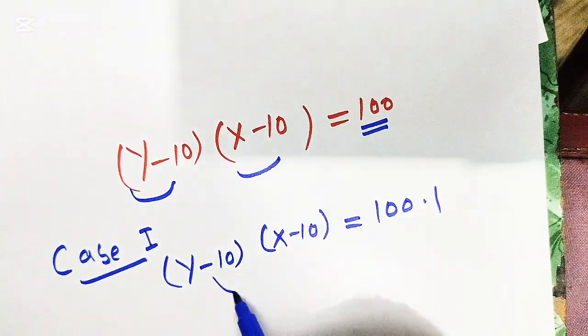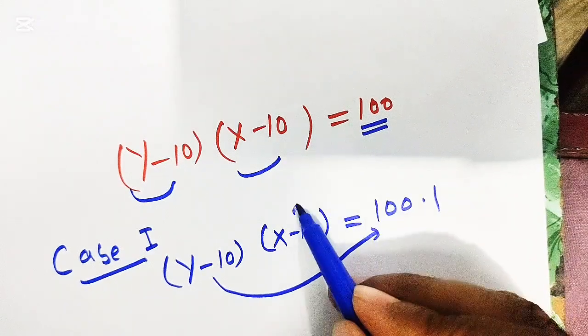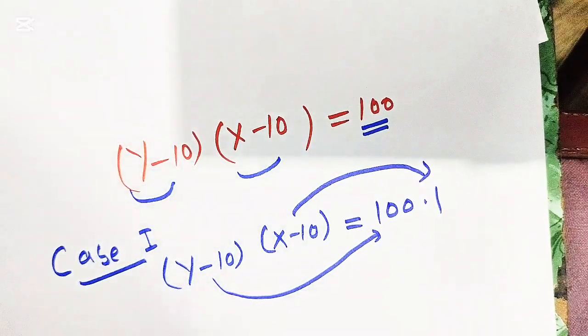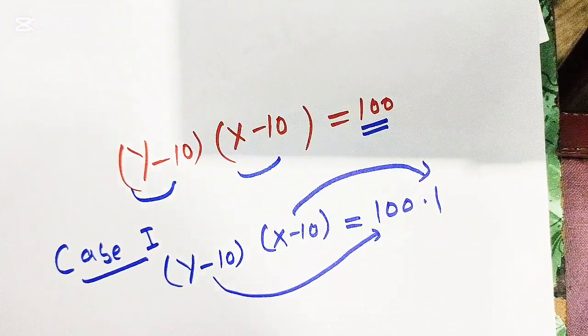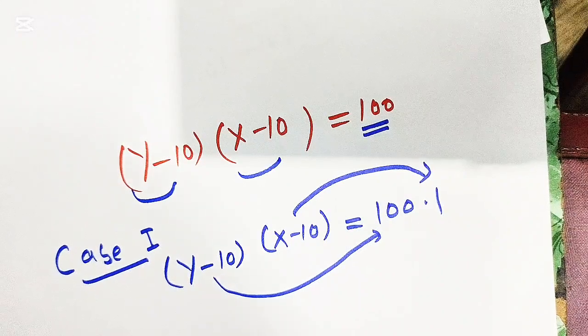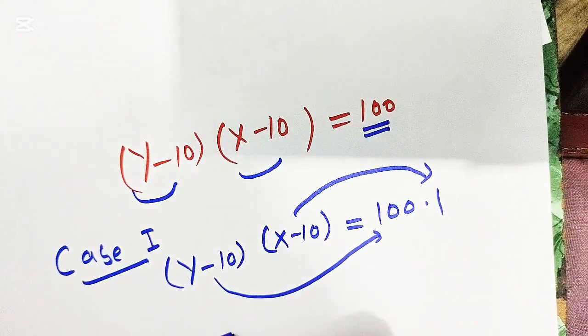From this, y minus 10 is 100 and x minus 10 is simply 1.